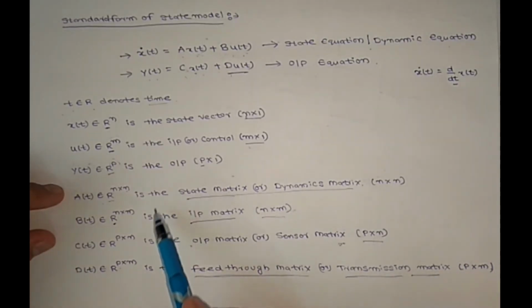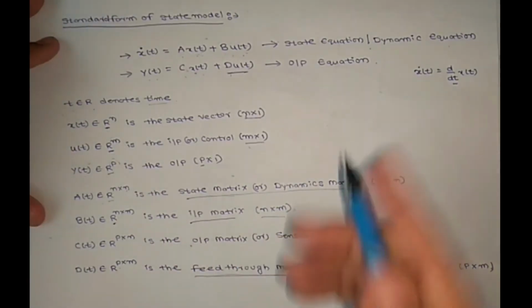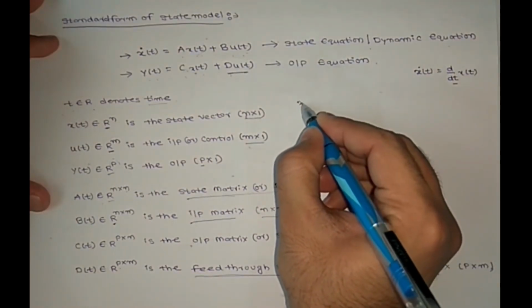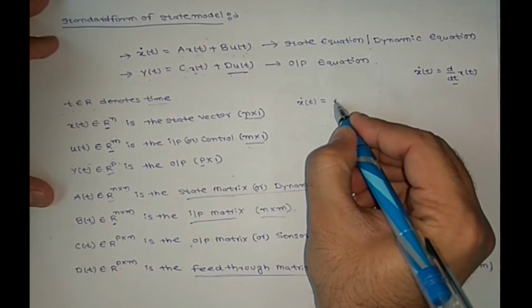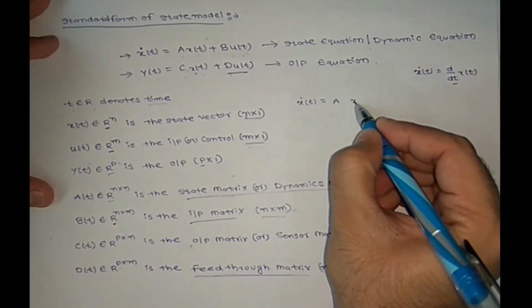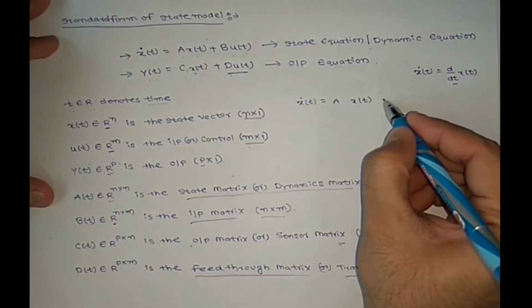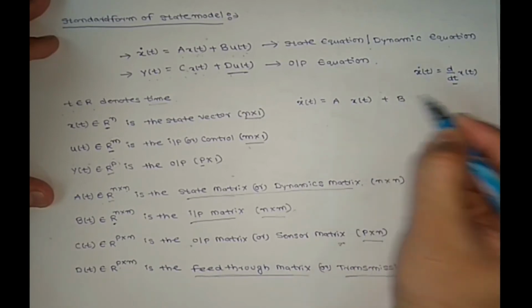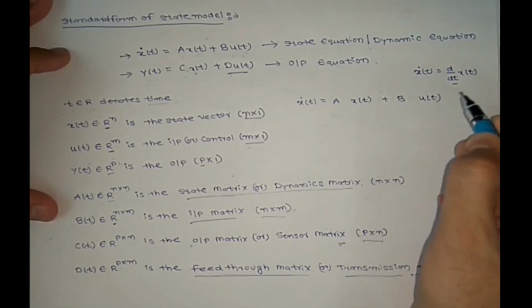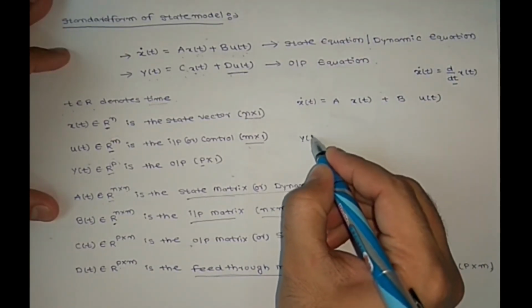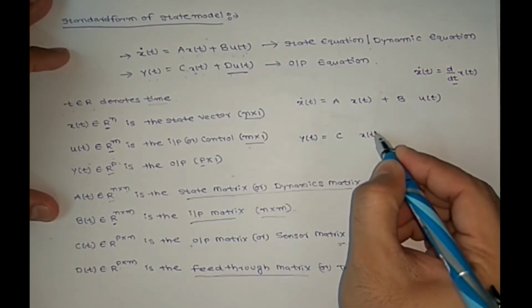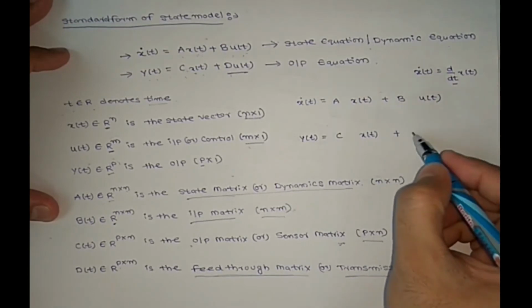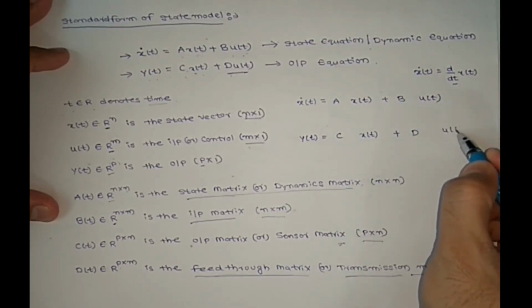So here we have four different matrices. Directly you can also write x dot of t equals A x of t plus B u of t, and y of t equals C x of t plus D u of t.